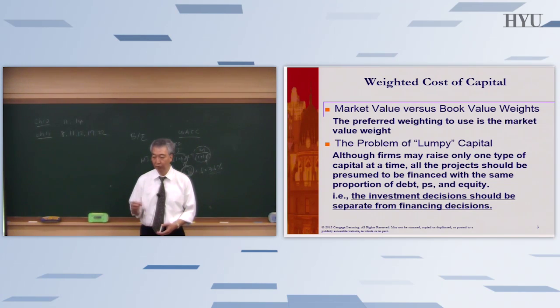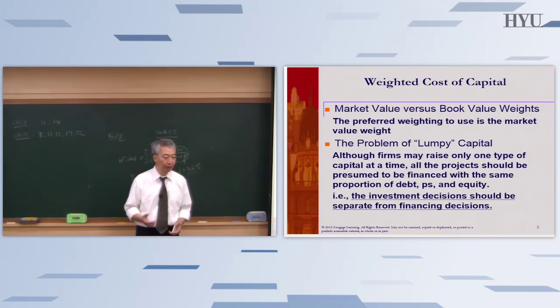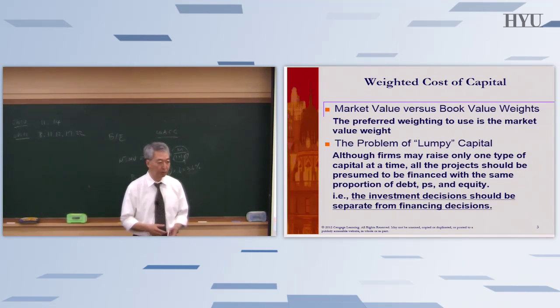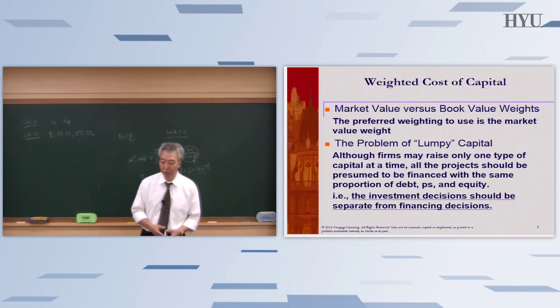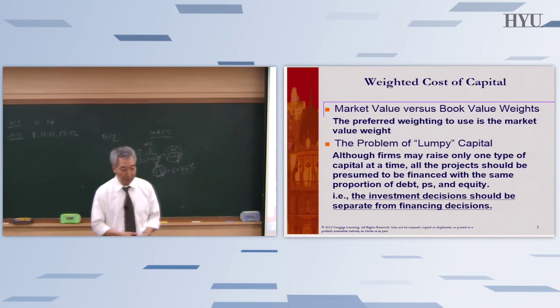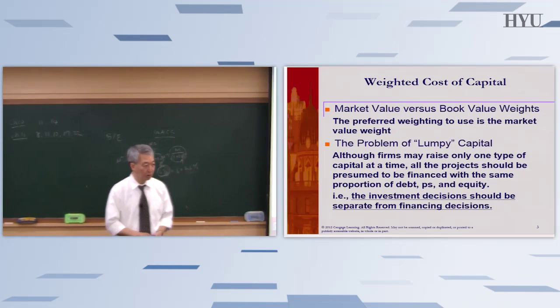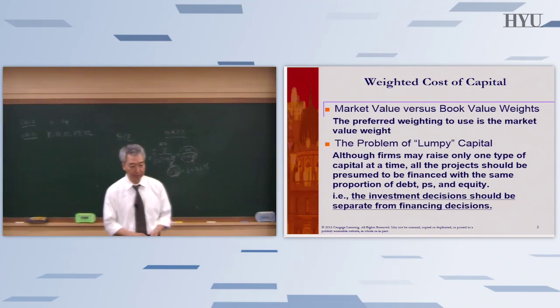Once you issue, say, $200 million in bonds, your debt is $200 million. It doesn't change, whether it's book or market value. However, in terms of equity, the stocks, there can be a big difference between the book value and the market value.